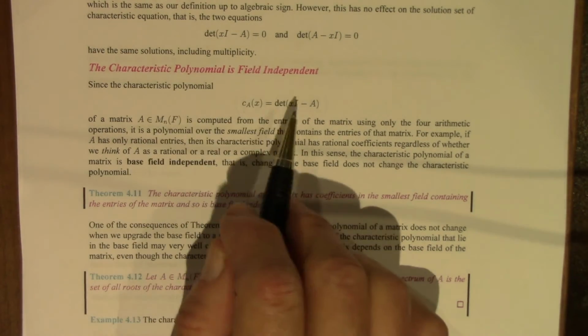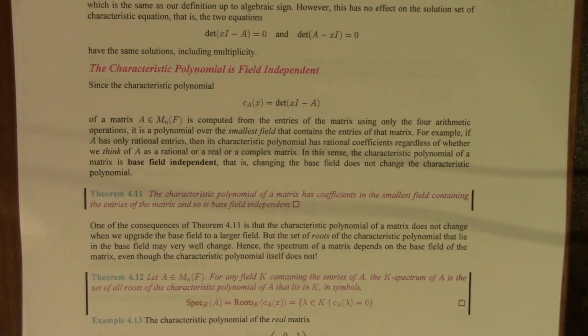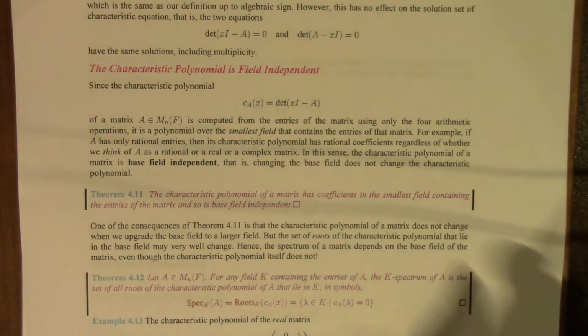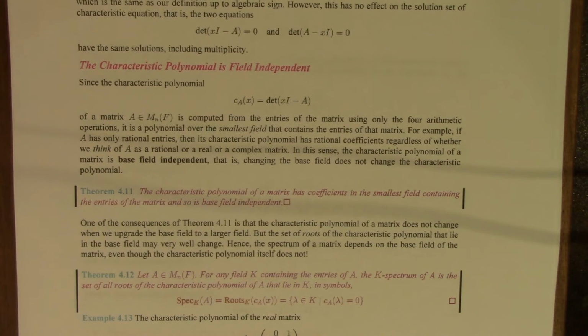Since the characteristic polynomial of a matrix is just a determinant, it's computed from the entries of this matrix xI minus A using only the 4 basic arithmetic operations: addition, subtraction, multiplication, and division. The characteristic polynomial is in fact a polynomial over the smallest field that contains the entries of the matrix.